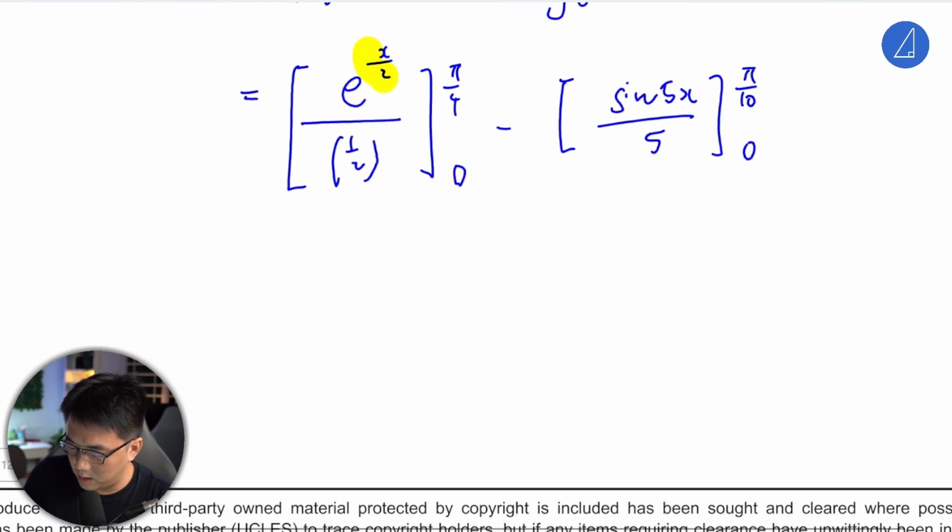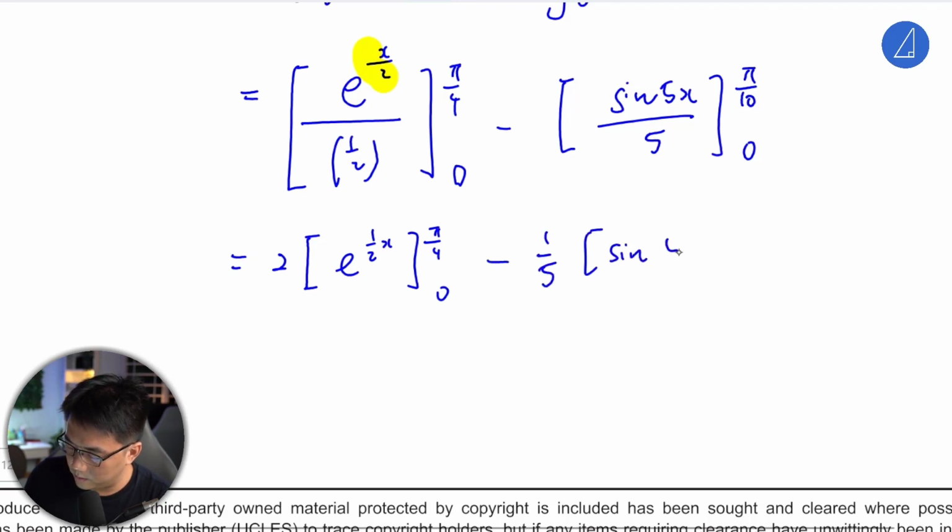Okay, that is pretty okay. So in this case it will be e to the pi over 4 divided by 2. Maybe I should just bring the half up. So this is e to the half x. This half, bring it out, will be multiplied by 2. This 1/5, bring it out, sine.